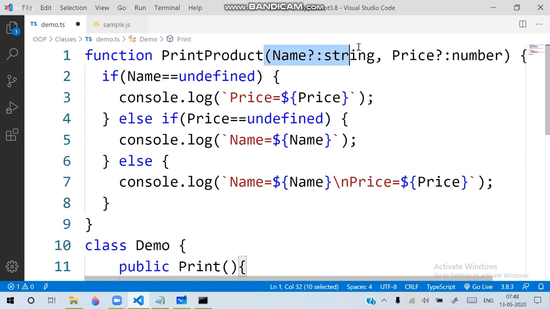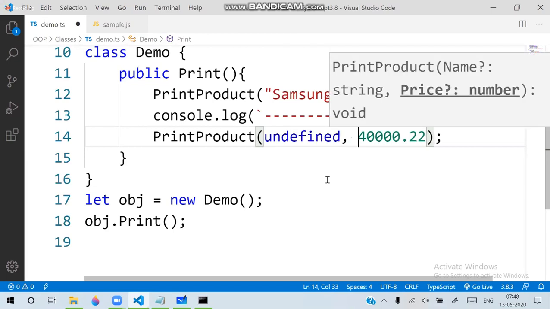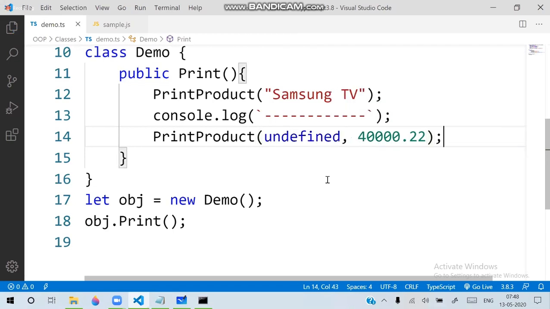That means name comes before the other parameter, so without mentioning name, you cannot pass the price. But name is optional, so what you have to do here is say undefined, and 42. That means you are saying that name is not being defined.